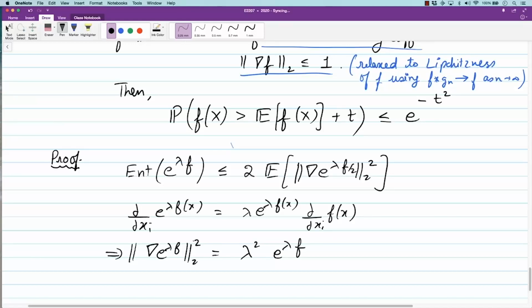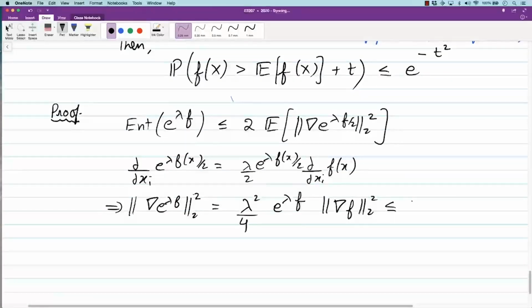This should be divided by 2 because this is the entropy of f squared. So that's lambda squared by 4 e to the power lambda f, because you're squaring, and then the norm of the gradient of f squared. And this is less than or equal to lambda squared by 4 e to the power lambda f.